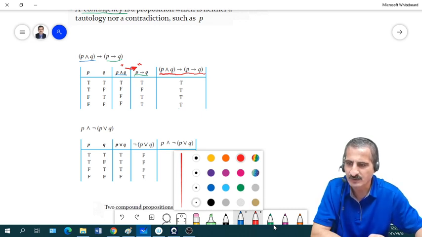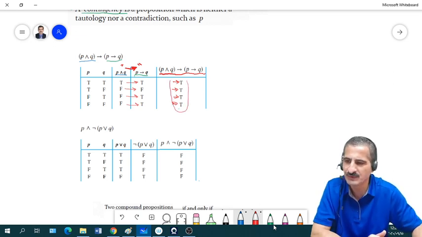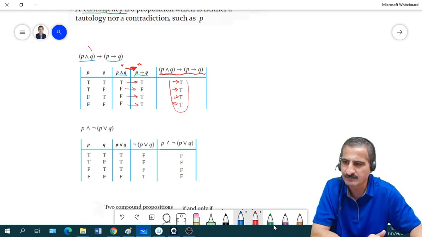So true implies true, the result is true. So we get true. False implies false gives us true. False implies true gives us true. And false implies true again gives us true. Now we notice that the truth values here are all true, so this is a tautology.